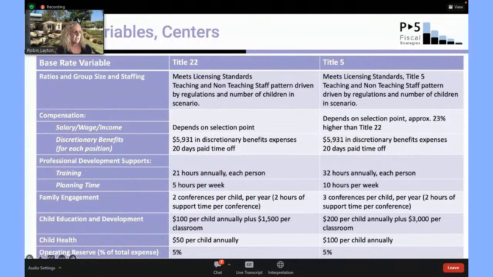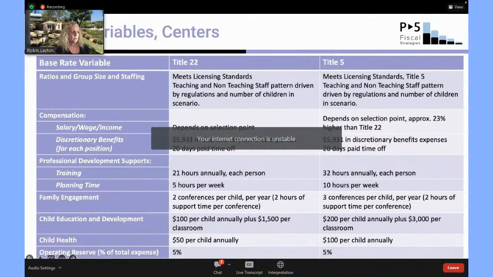The 32 hours annually for each person under Title 5 is not required, and neither are 3 conferences. 2 conferences are required. Of course, I don't want changing this to reduce the wonderful rate increase that is being proposed, but just to correct that. We're taking planning time into consideration, obviously, but if we're talking about a requirement, it's 2 conferences.